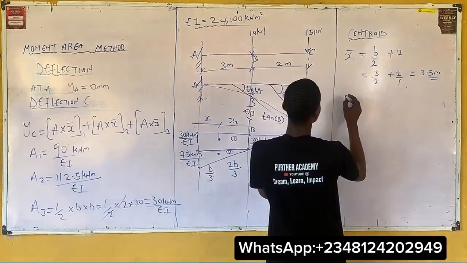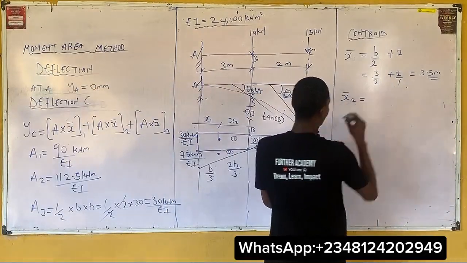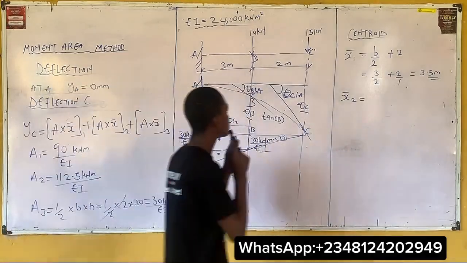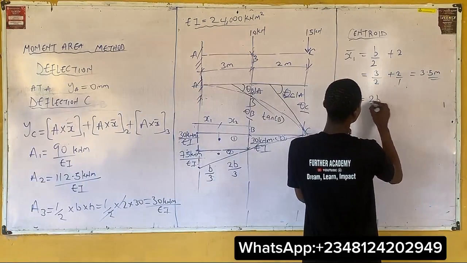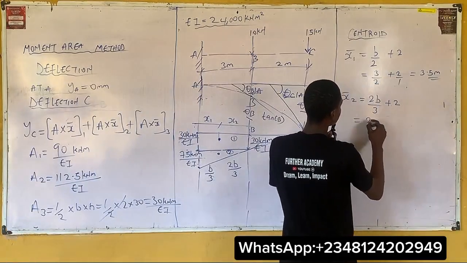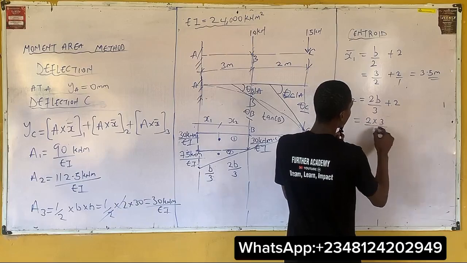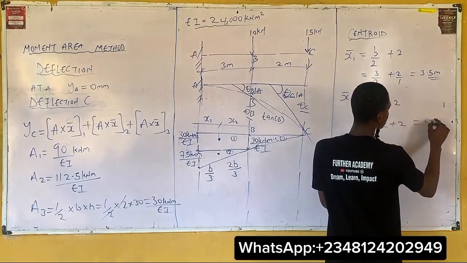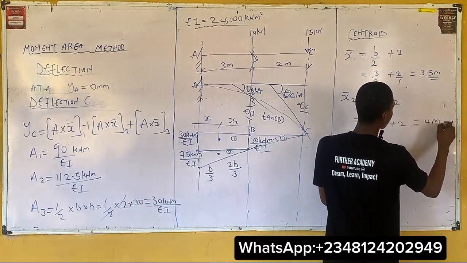Then for the centroid of figure 2, what is it? 2B over 3 plus 2. Substitute your values. 2 times 3 all divided by 3 plus 2. The 3s cancel out. You then have 4 meter.